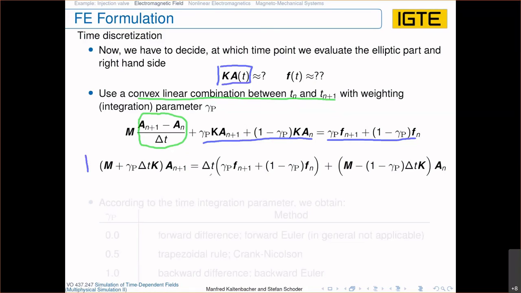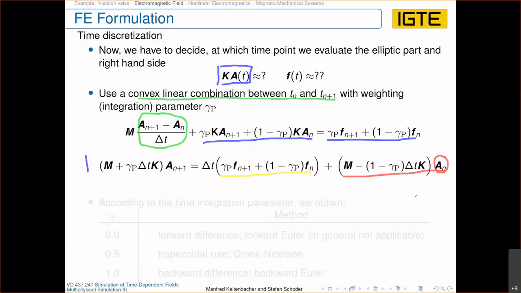We clearly assume in our part here that we know our right hand side at all time steps we want to compute. And in addition, everything we had on the left hand side we can put here, because we assume that our magnetic vector potential at time step n is already known.